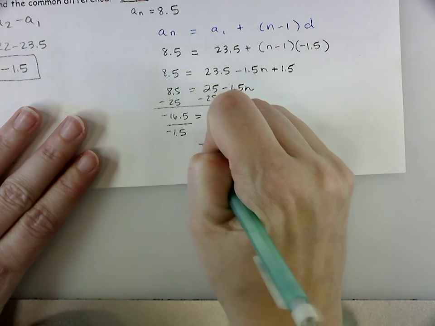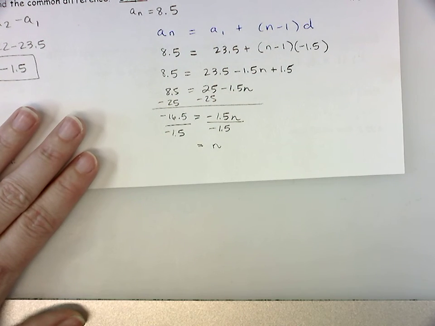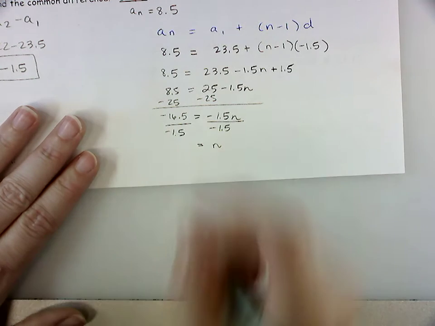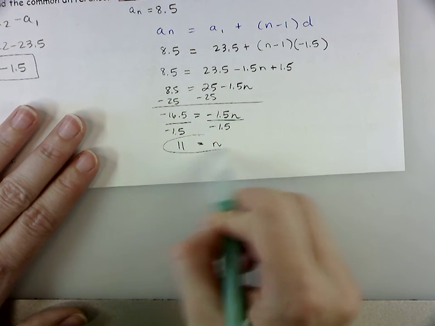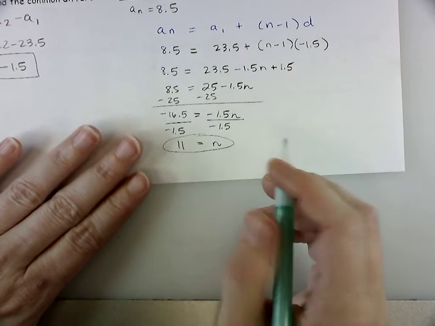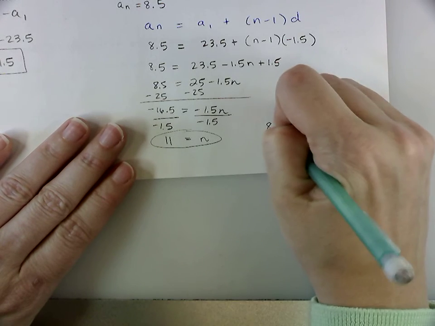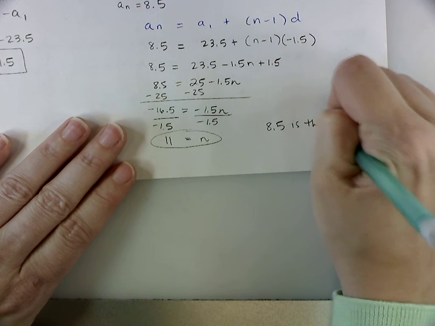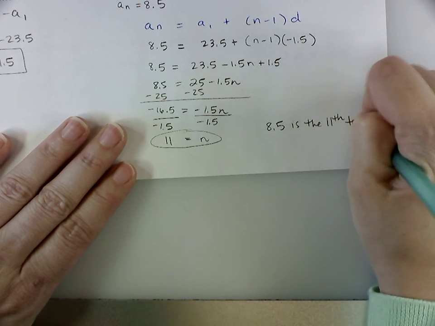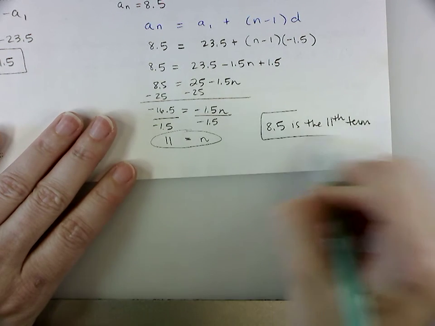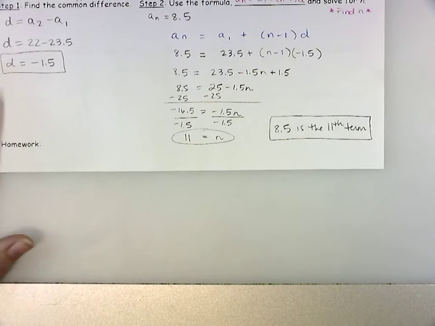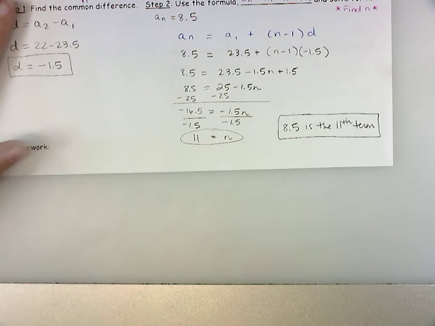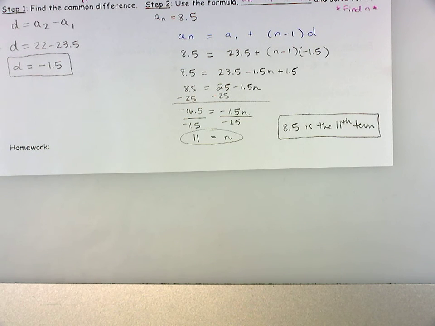So then your n value. Did you guys already find your n value? 11. Okay, so if n is 11, it says which term of the sequence is 8.5. So 8.5 is the 11th term. Do we have to write that or can we just write equals 11? For 11 terms, fine. Yes.